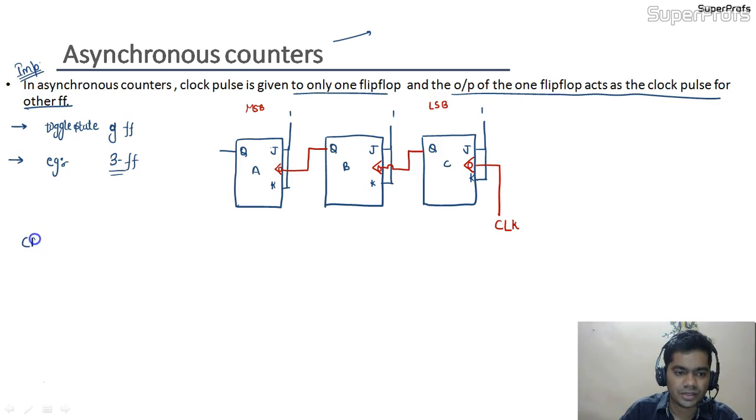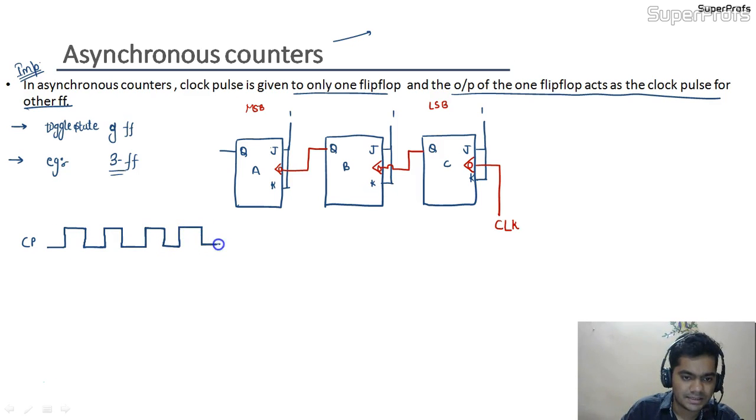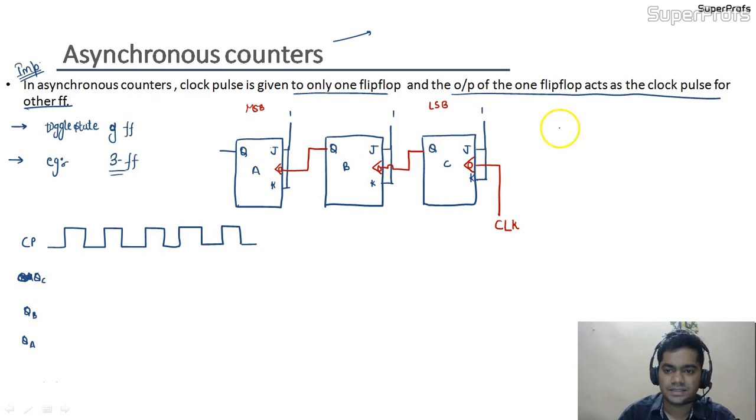So here I am drawing the clock pulse. Suppose this is our clock pulse, like this. This is our clock pulse available, and this would be the clock pulse for Q. First we are going to draw the clock pulse for QC, QB and QA.